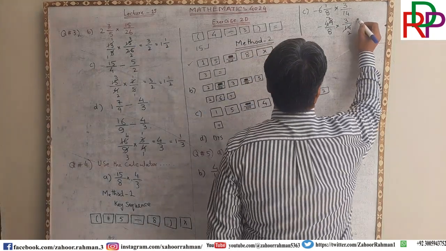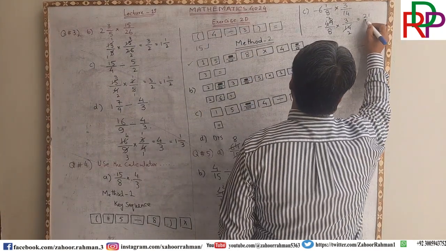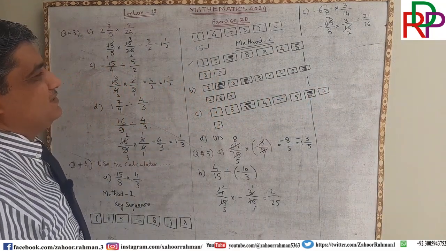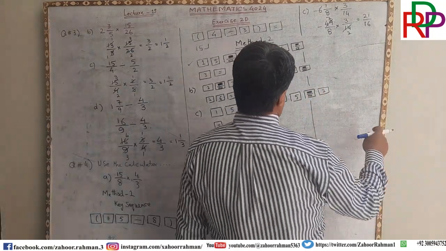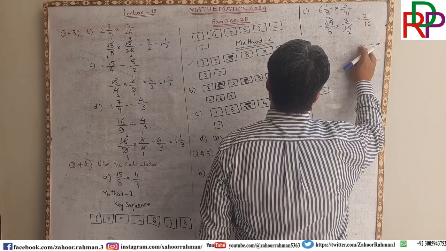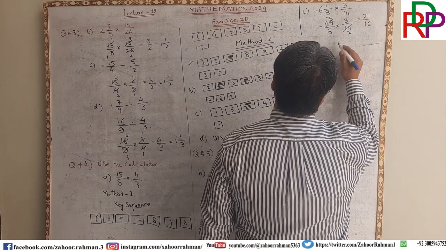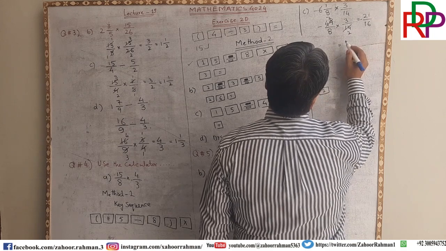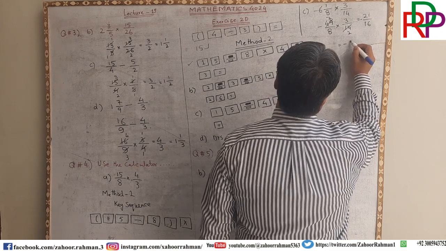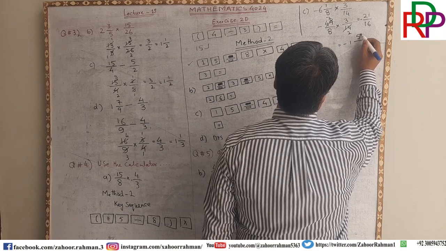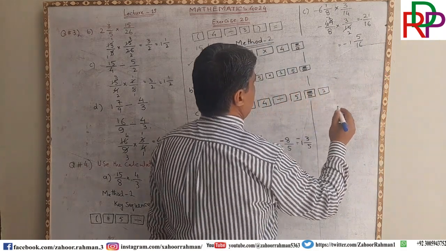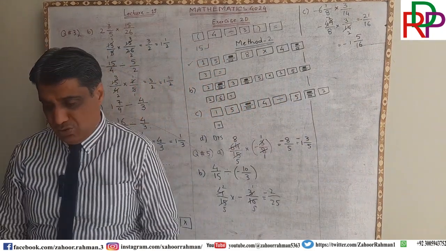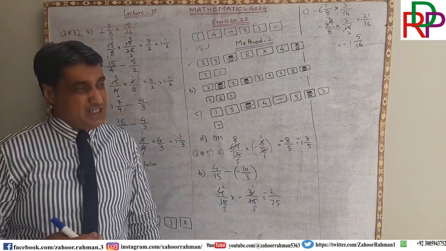So now this is equal to 21 divided by 16. When we divide 21 by 16, this is a minus symbol, so minus 1 whole 5 over 16 will be the answer.